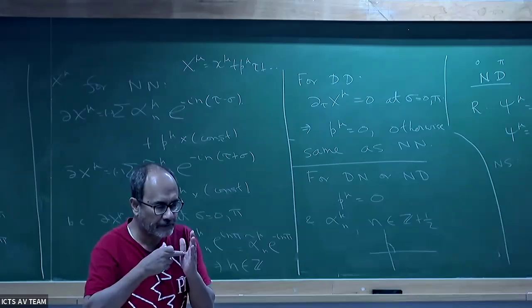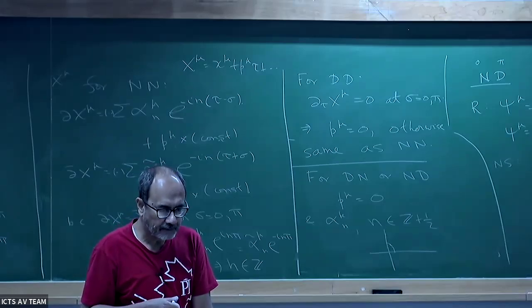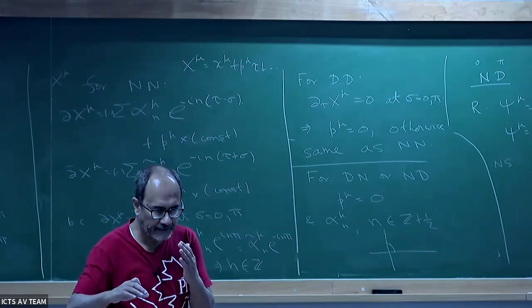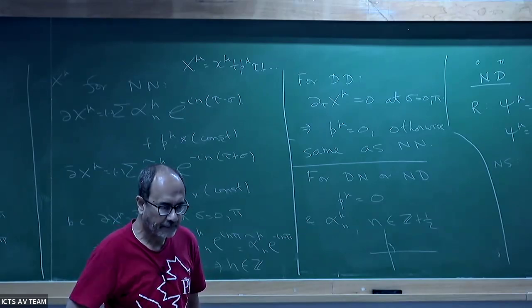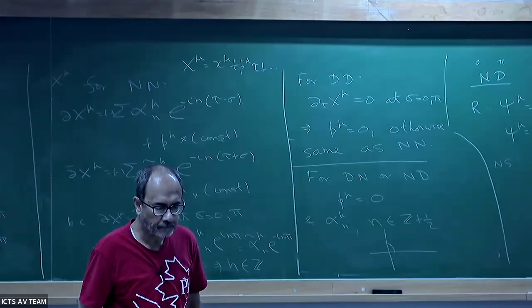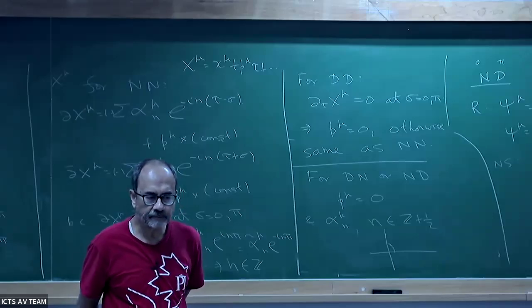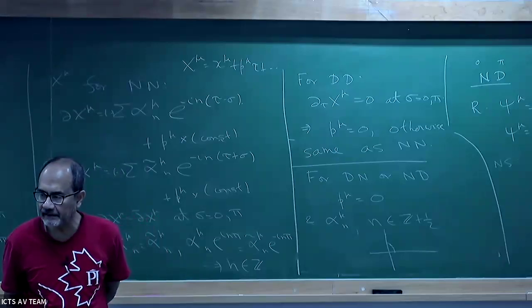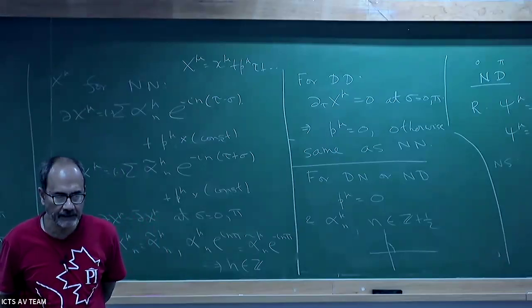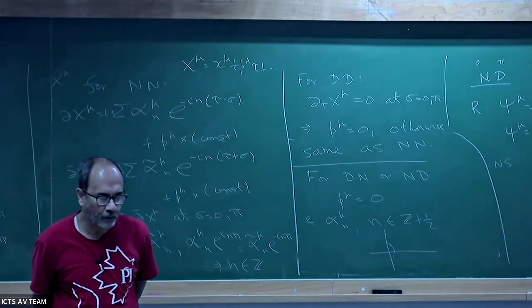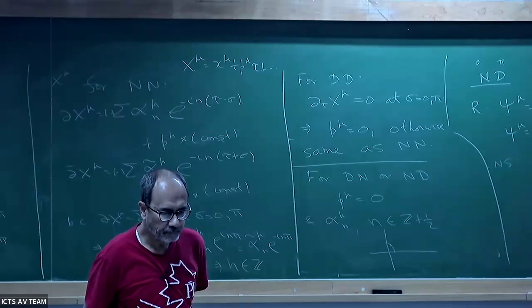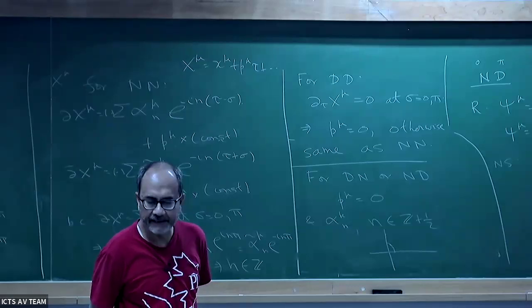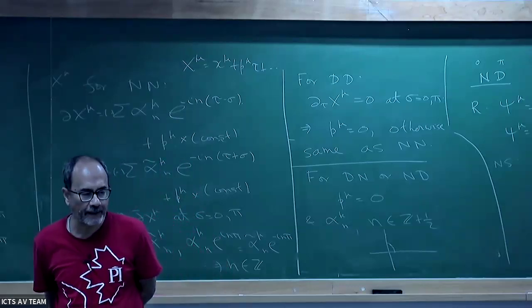Then along the line, the open strings can move, because there is a translation symmetry along the line. But it cannot move either away from the first brane or the second brane. That is a physical picture of how open strings behave on a system of D-planes.